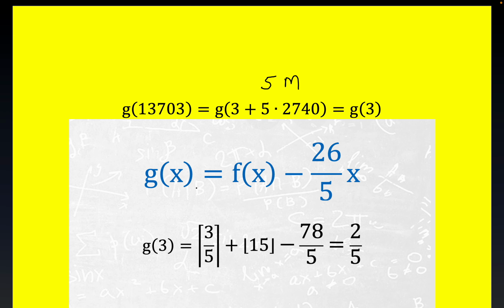Now, y'all, this is f of x right here. Remember, f of x is just the ceiling of x over 5 plus the floor of 5x. Like that, okay?